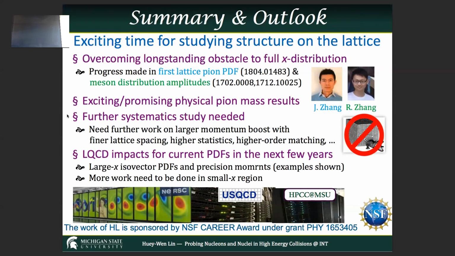This can still have impact from improved lattice calculations, and there are also moments. There are other things we need to think about: there are still quite large systematics associated with the small x region that we need to think about how to improve in the future.